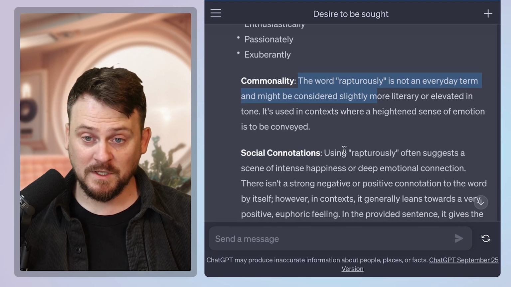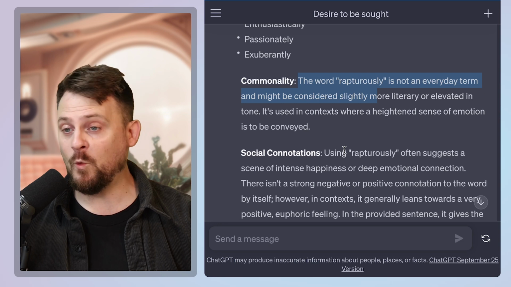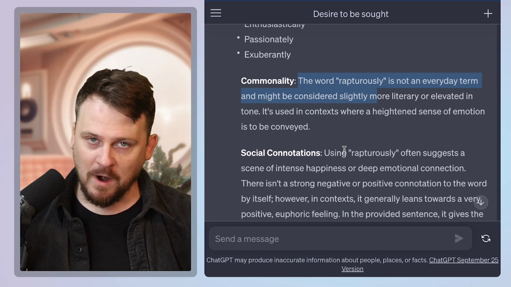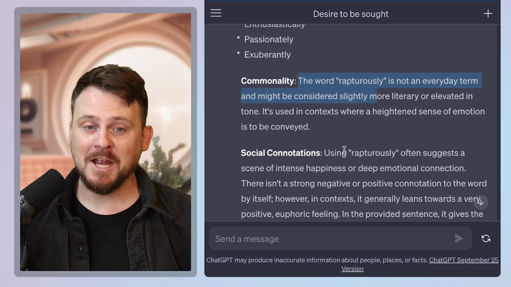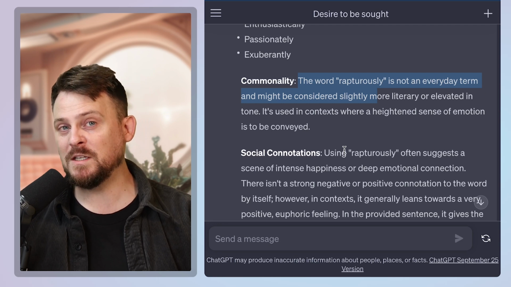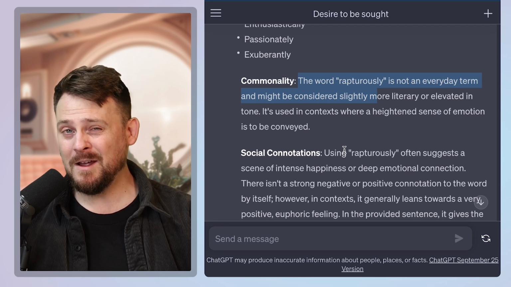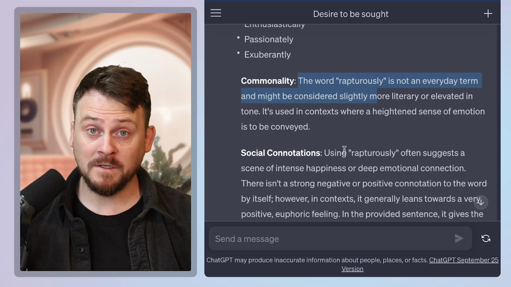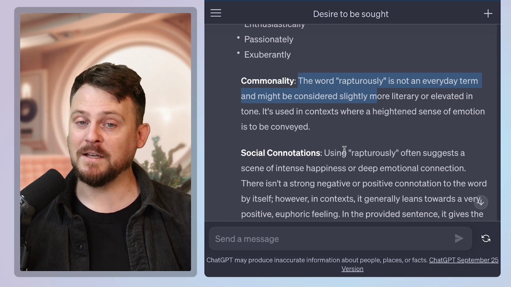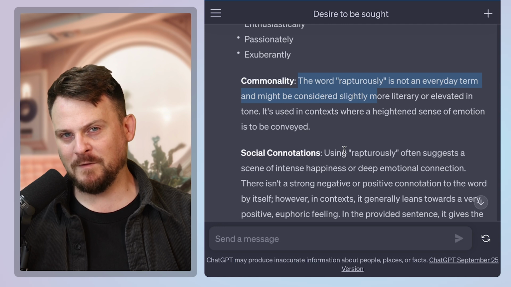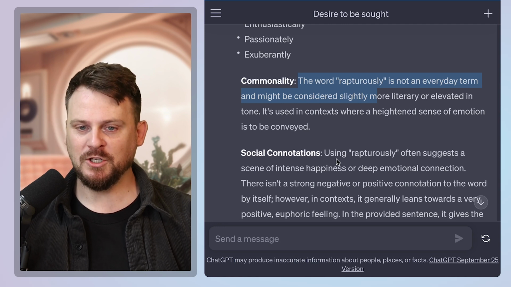Okay, so that helps. It's not an everyday term, so maybe I wouldn't just walk around using rapturously all the time. I would say that's accurate. I don't think I've really used it ever, maybe, but I do know it. Why do I know it? Because I've read a lot of literature, so I've read it. But I don't think I've ever said it because it's not very conversational.